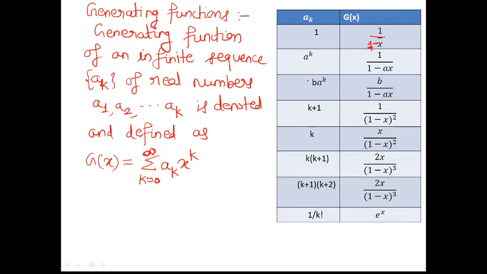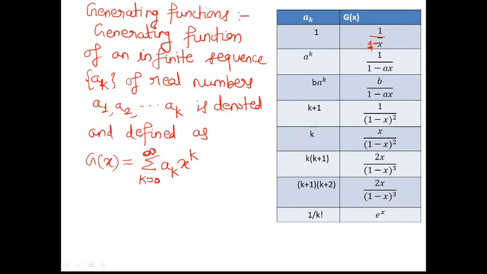Then if we have the general term of the sequence of the form a raised to k, then its generating function is 1 upon 1 minus a x, where a is a constant. Then b into a to the power k, where a to the power k is the general term and b is a constant. In that case we simply multiply the generating function of a to the power k by b.